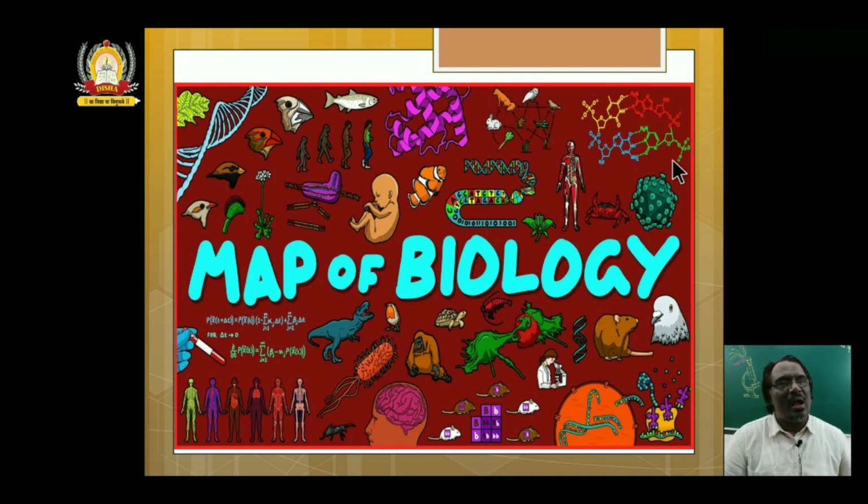See, I have not started the lesson, but I have given you a map of biology. In these 2 introductory classes, I have made you feel a bit comfortable with the subject and my way of teaching.